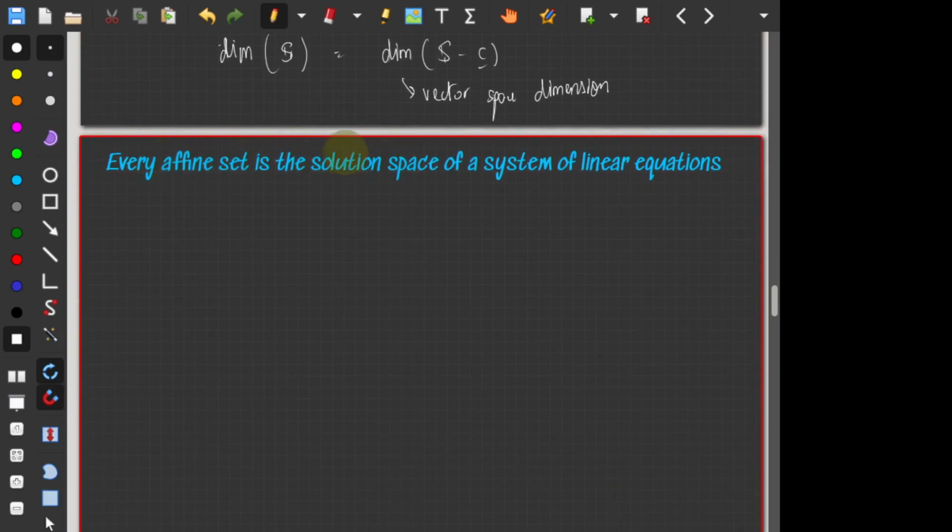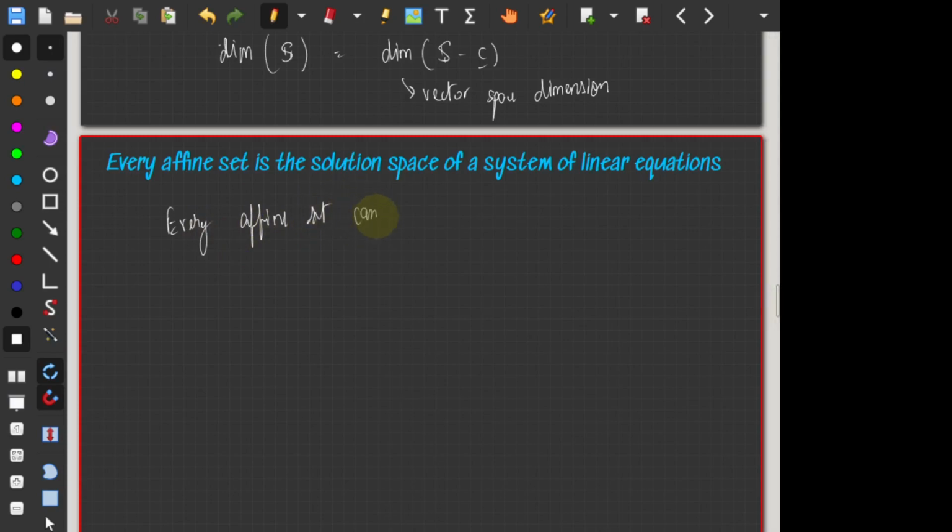Every affine set can be written as some vector space plus a shift, right? Do you agree? Any questions?